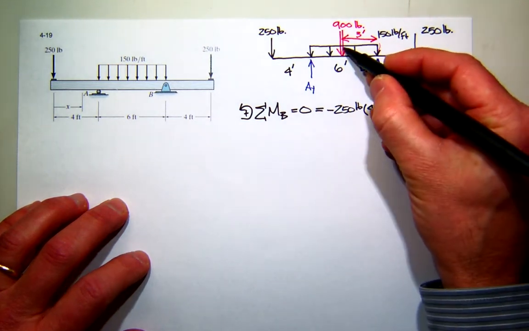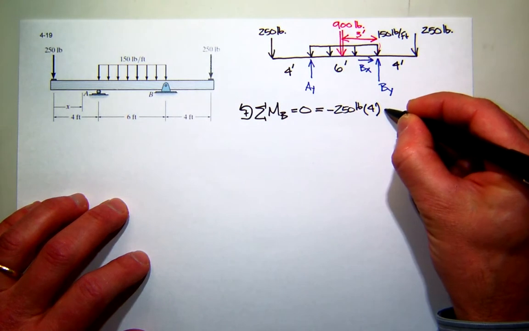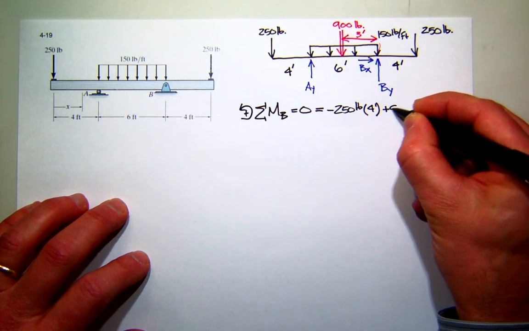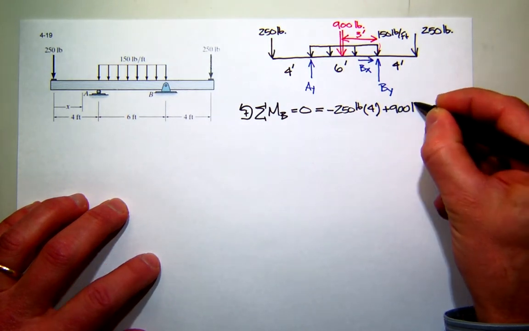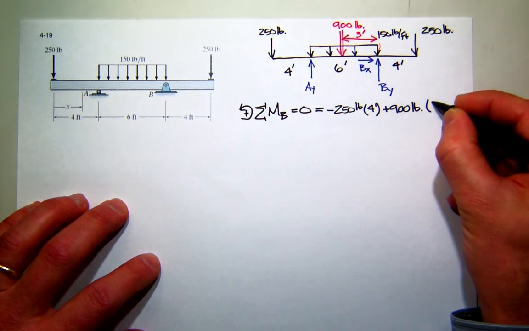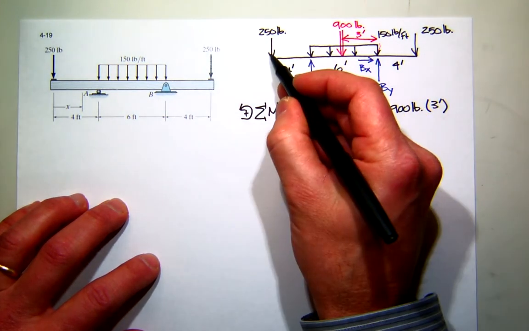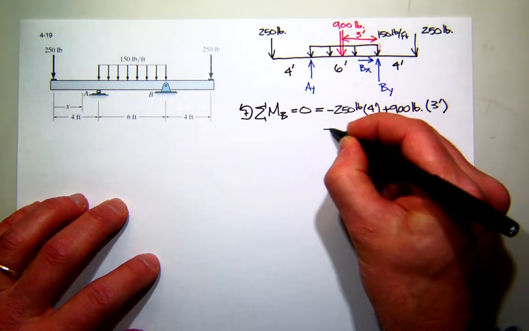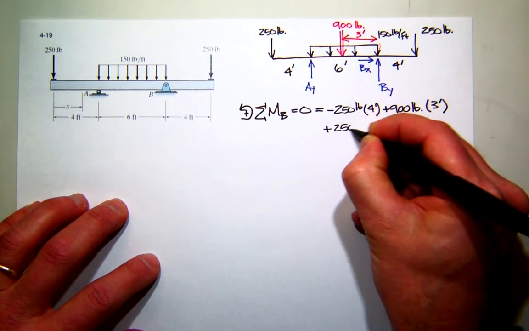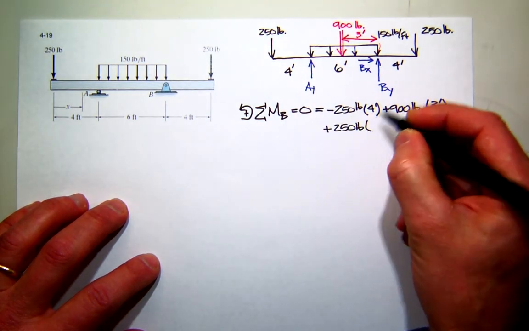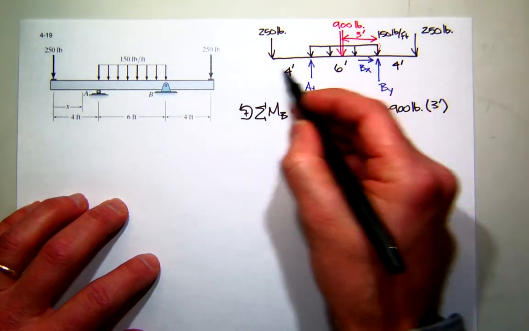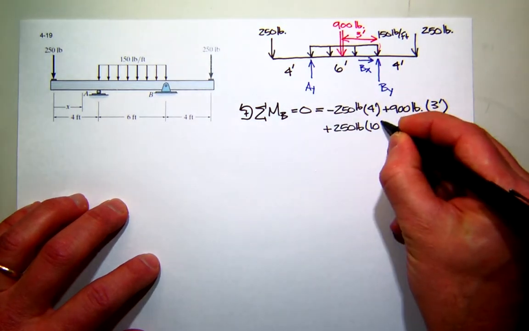Then I'll have the 900-pound force, which creates positive moment, 900 pounds. We found its moment arm, that's 3 feet. Then I hit this 250, which creates positive moment. And let's see, that's 6 plus 4, that's 10.